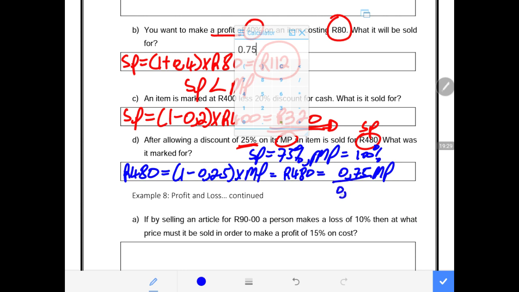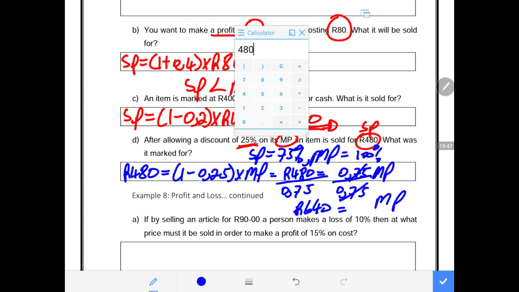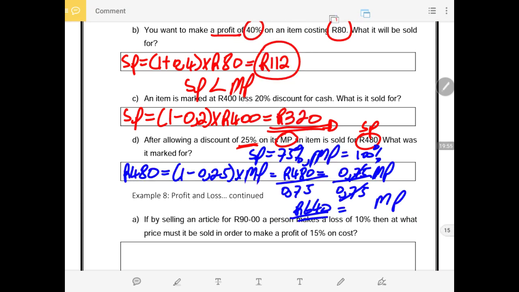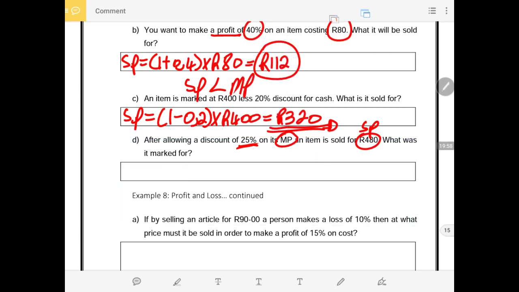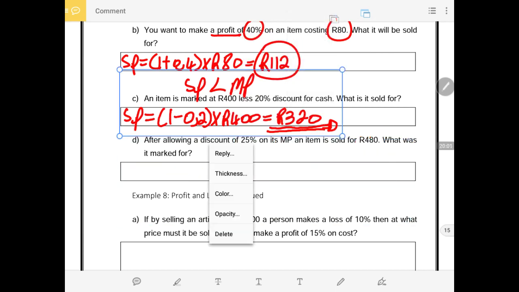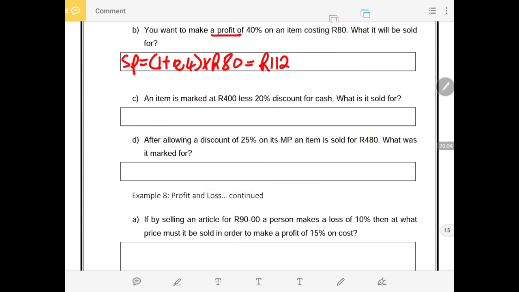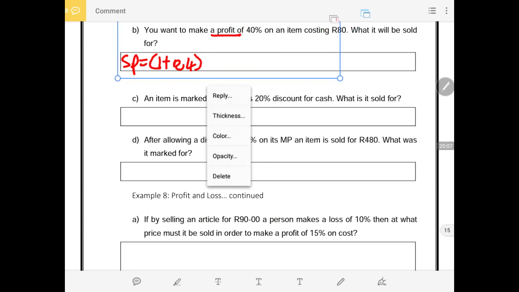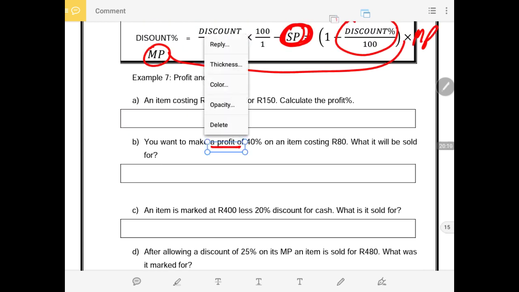Then we divide both sides by 0.75, and this cancels this. Whatever we do on the right hand side, we also do on the left hand side. So our marked up price will be 480 divided by 0.75, which is equal to 640. You need to know the basics of the formulas, but when you know your numbers, you can work them around without having to structure everything in the format of the formulas. As long as you know your stuff, I'll be happy with that.